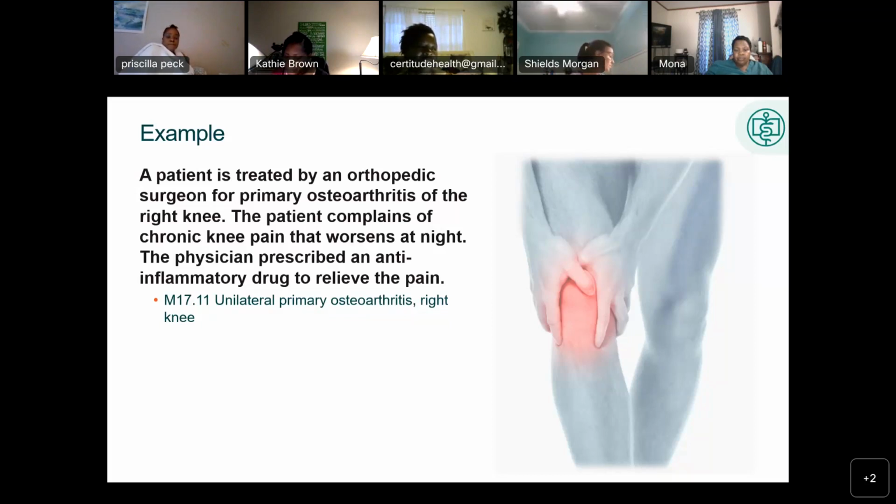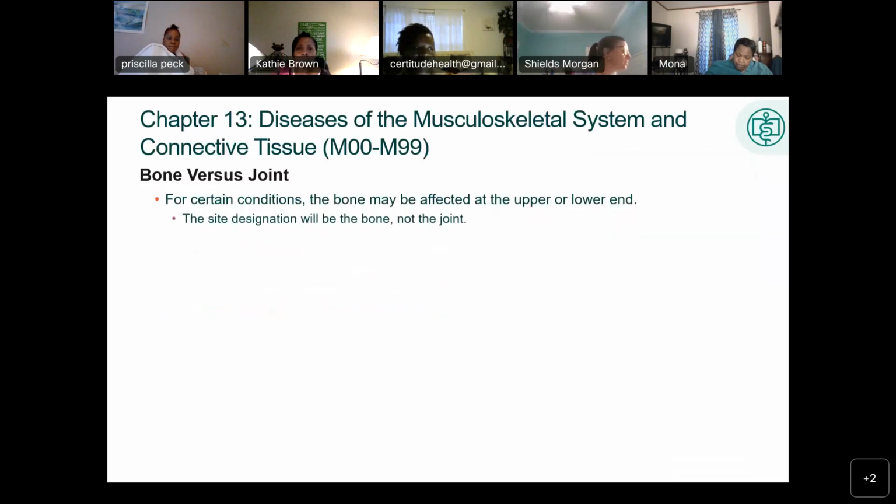This slide is just an example of that very first guideline under 13.A that talks about site and laterality and making sure that there's a clear understanding of why that's important. Also, 13.A.1, bone versus joint, makes mention that for certain conditions, the bone may be affected at the upper or lower end.